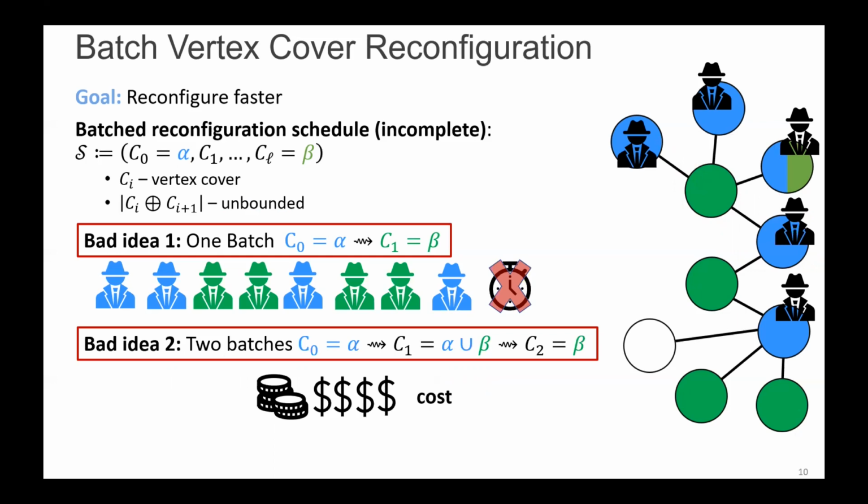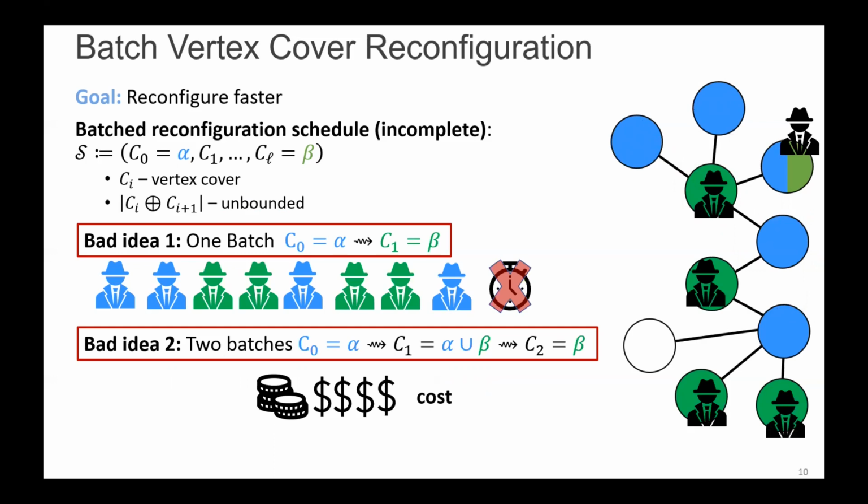One can easily circumvent that by saying, I just start with my initial vertex cover, then I add all the vertices which are in the green vertex cover, and then I remove the ones from the blue vertex cover. So I just need 2 steps here. I have a lot of parallelism, it's very fast, but the problem is that in this intermediate step, we actually have a vertex cover which is very large, almost all of the vertices.